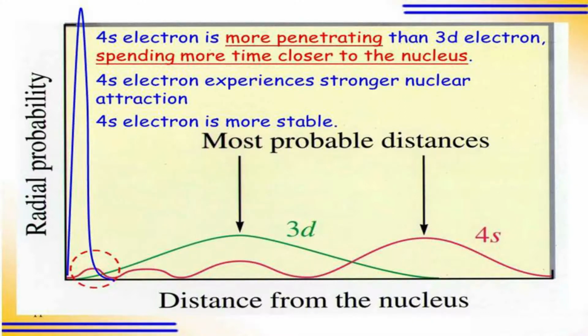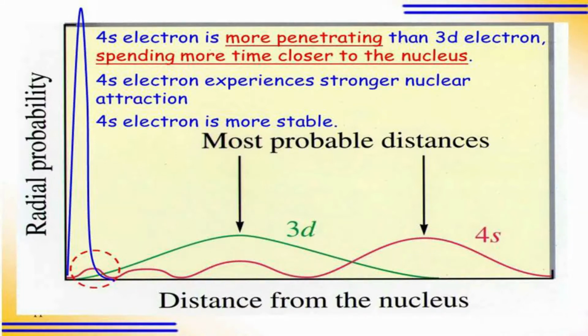So as per this diagram, the 4s orbital should be of higher energy compared to the 3d orbital, keeping in mind the spread point, keeping in mind the distance of the electron from the nucleus. But that is not the only way by which we have to understand the energetics.